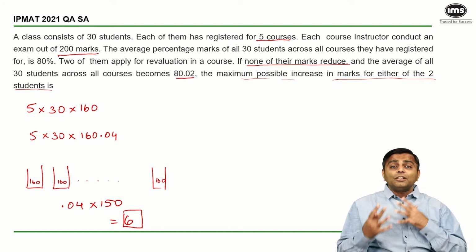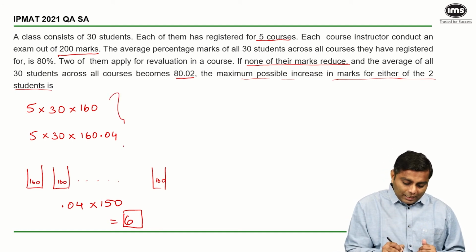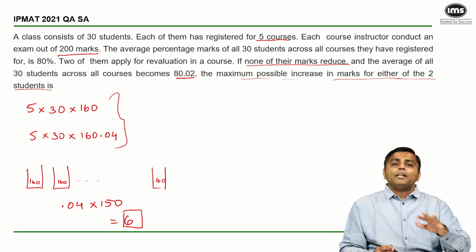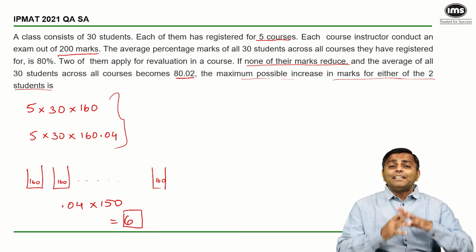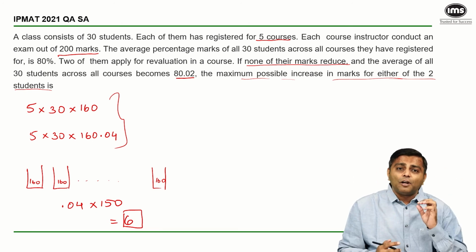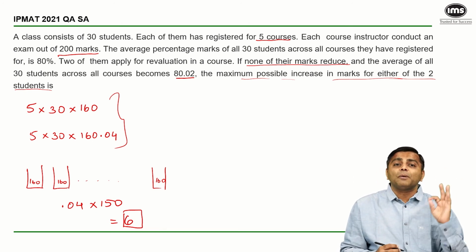So imagine the saving of effort compared to this calculation versus the calculation of 150 into 0.04. Clear? This question in the exam I would have solved orally without touching my pen.